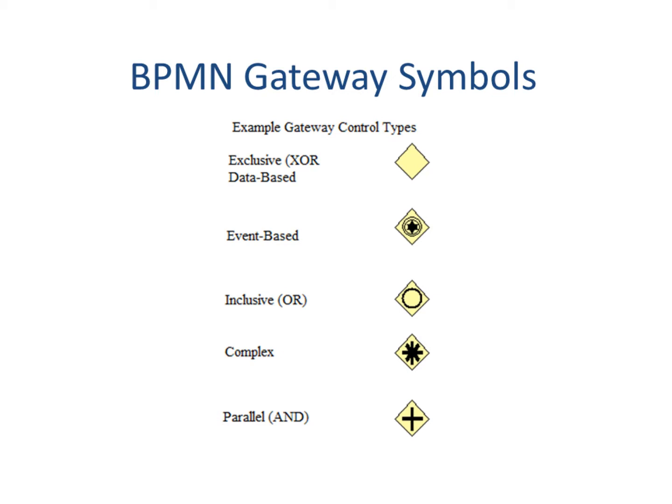The conditions are evaluated in a specific order, and the first condition that evaluates to true determines the sequence flow that will be taken. One of the gates may be marked as default and is the last gate considered. Choosing a particular gate chooses the corresponding sequence flow.